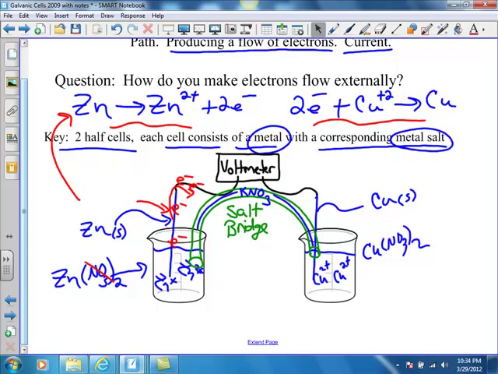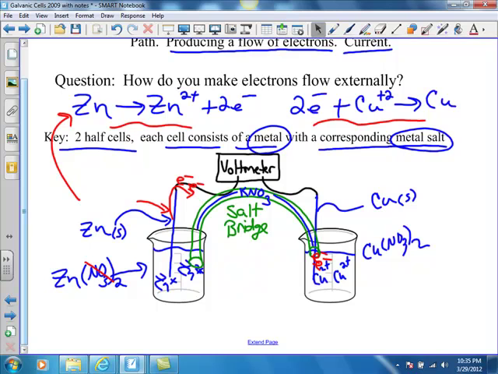So, out of this zinc, there's going to be an electron that flows out of there, and that electron is going to flow over here, okay? And that's going to happen a lot. These electrons are going to sit here, and they're going to flow over to the copper side.